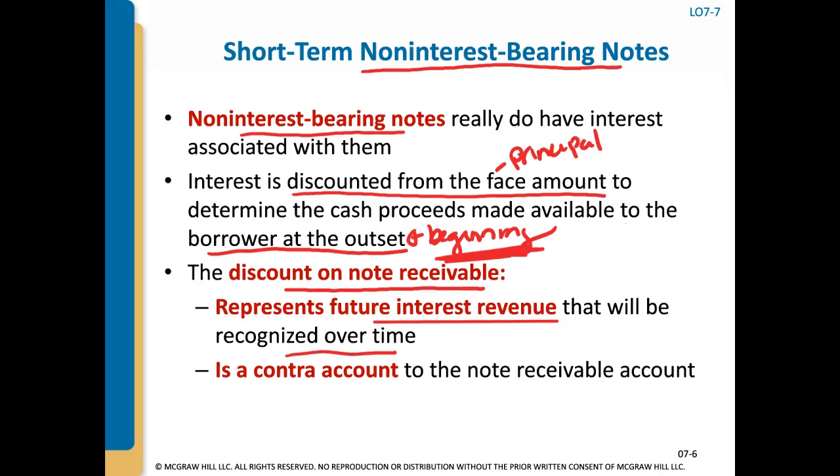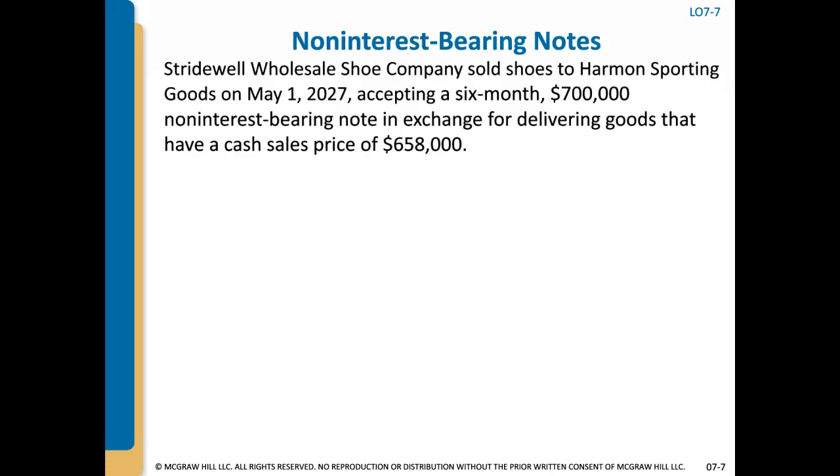Let's go through an example. It makes a lot more sense, I think. Okay. Similar facts. Stridewell Wholesale Shoe Company sold shoes to Harmon Sporting Goods on May 1st, 2027, accepting a 6-month, $700,000 non-interest-bearing note in exchange for delivering goods that have a cash sales price of $658,000. So this is kind of where it's different from the interest-bearing.